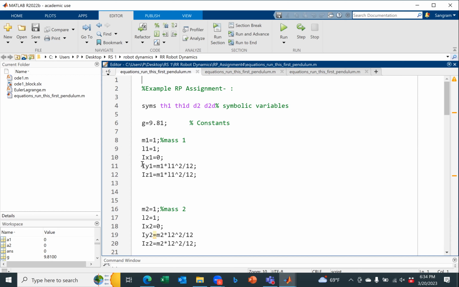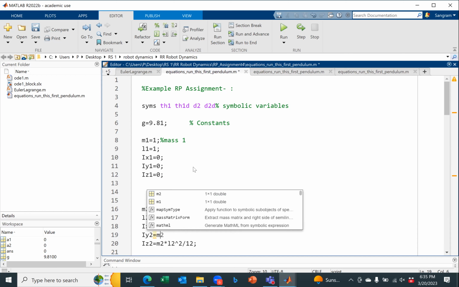And since this is a slender rod, I'm considering Ix1 is equal to 0, Iy1 is equal to 0, Iz1 is equal to 0. Now, one thing I want to tell you is for this first problem, I'm going to treat everything as equal to 0. I'm going to assume my first mass is massless. I'm going to assume all the mass is located at the end.